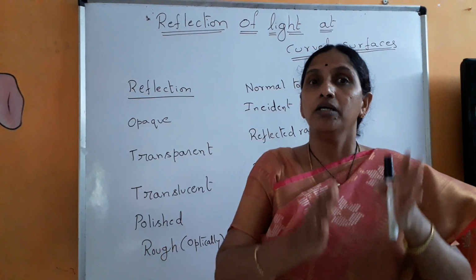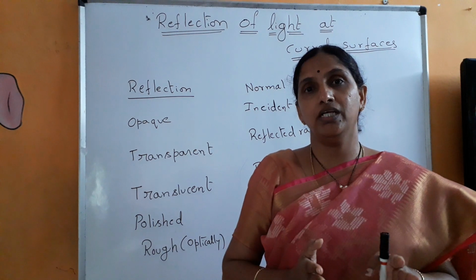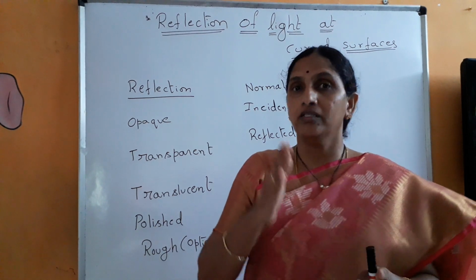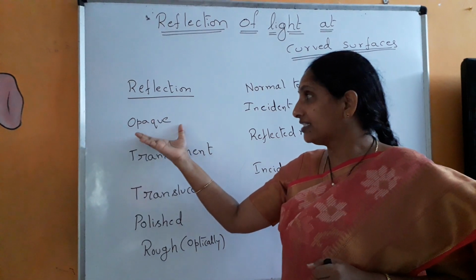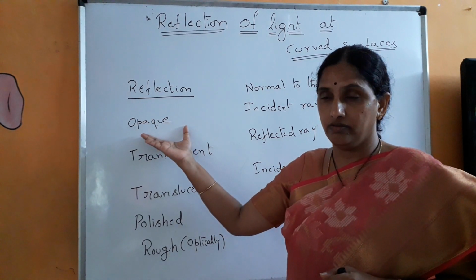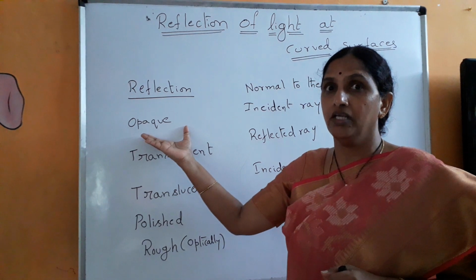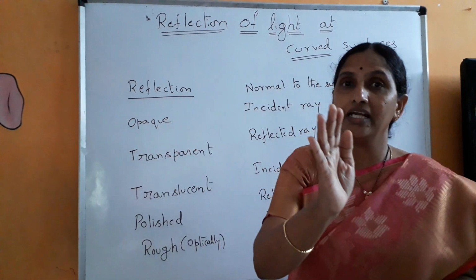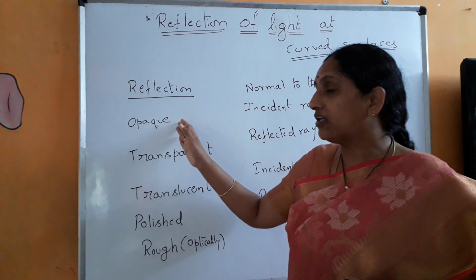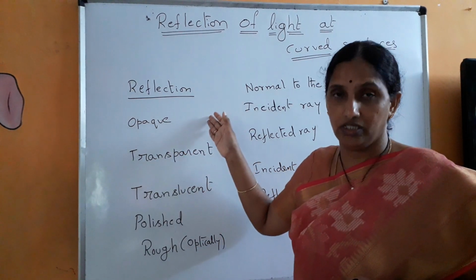If it is a pure opaque substance, that means on an opaque surface, if you make a light ray incident, that means if you focus the light, light cannot penetrate through this.